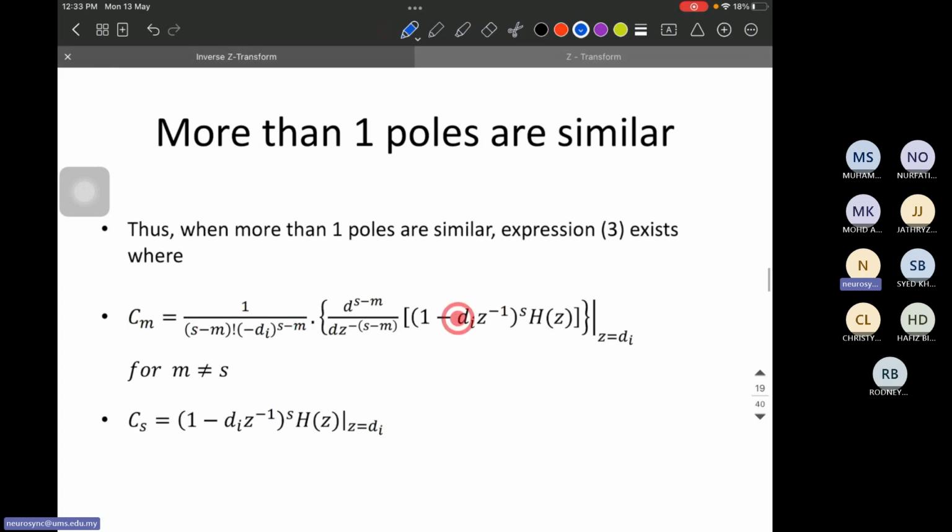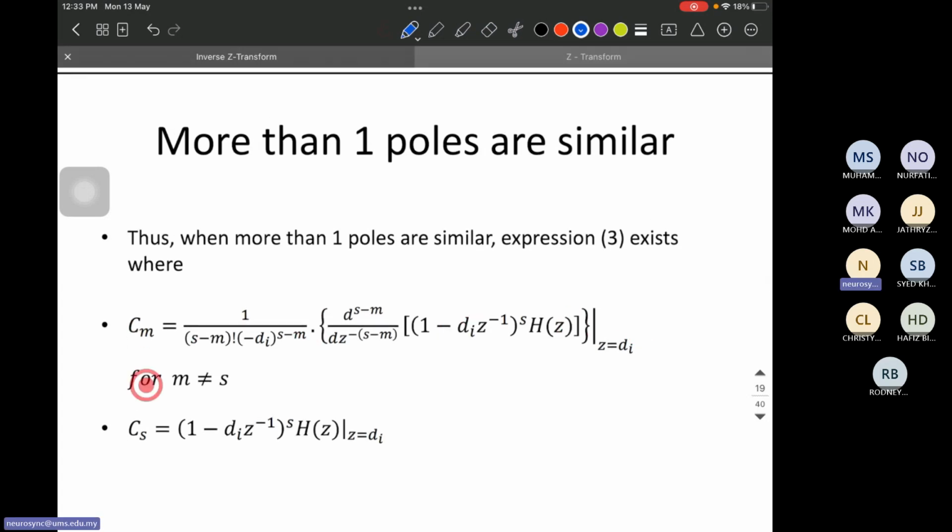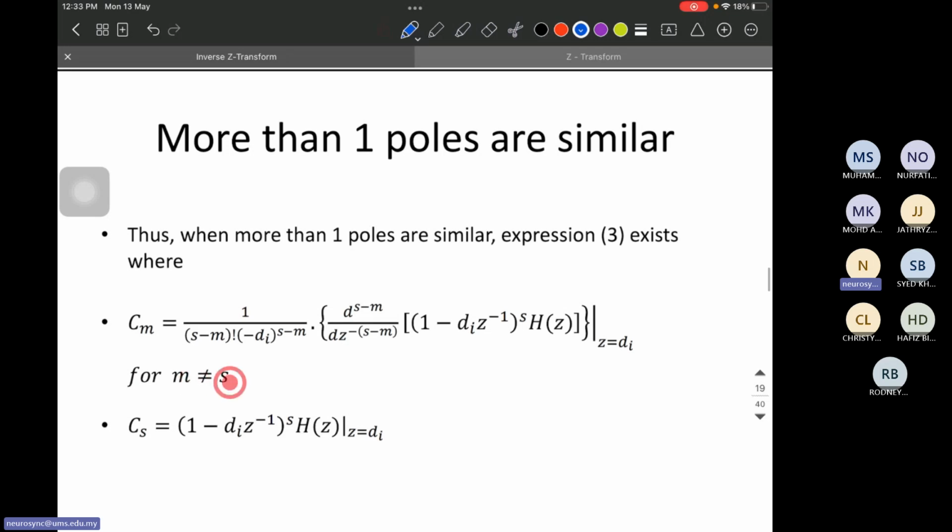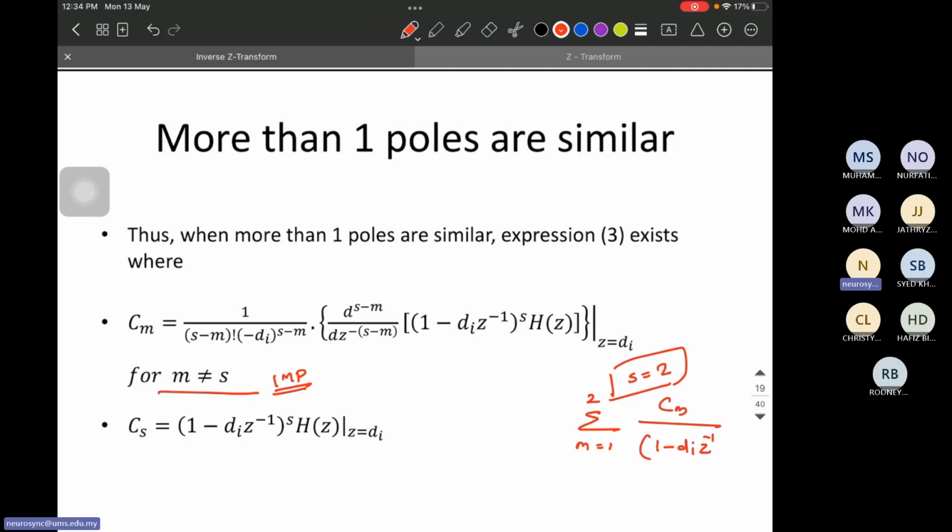And this formula is applicable, very important, for m not equal to S. Now if there are only two poles at the location z equal to di, then S equals 2, so the summation goes from m equal to 1 to 2 of Cm times (1 minus di z inverse) to the power m.